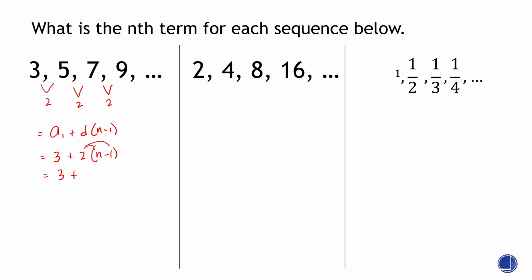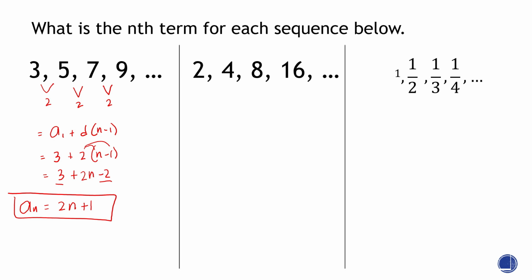Distribute the 2, so that's 2n minus 2. Combine the constant numbers: 3 minus 2 is equal to 1. So the general formula for the first one is 2n plus 1.